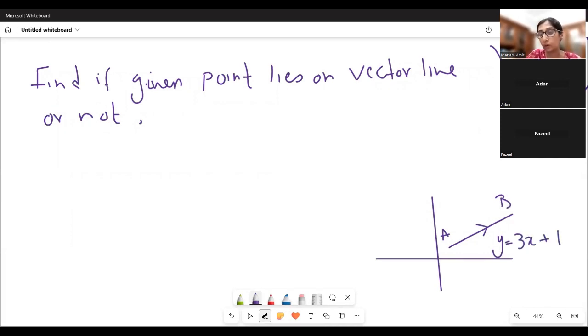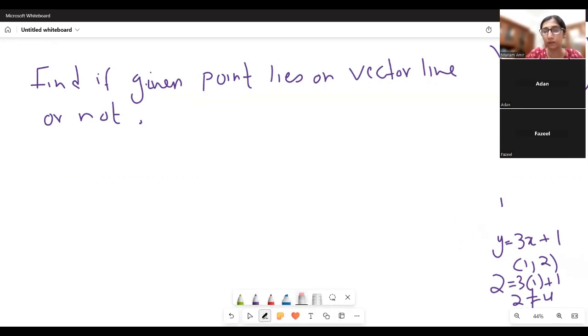And you're asked to check whether this point 1, 2 lies on this line or not. So what did we do? We substituted 2 in place of y and 1 in place of x. We get 2 is equal to 4, which is not true. Hence that point lies somewhere else, not on the line. So we'll do something on the same lines here as well.